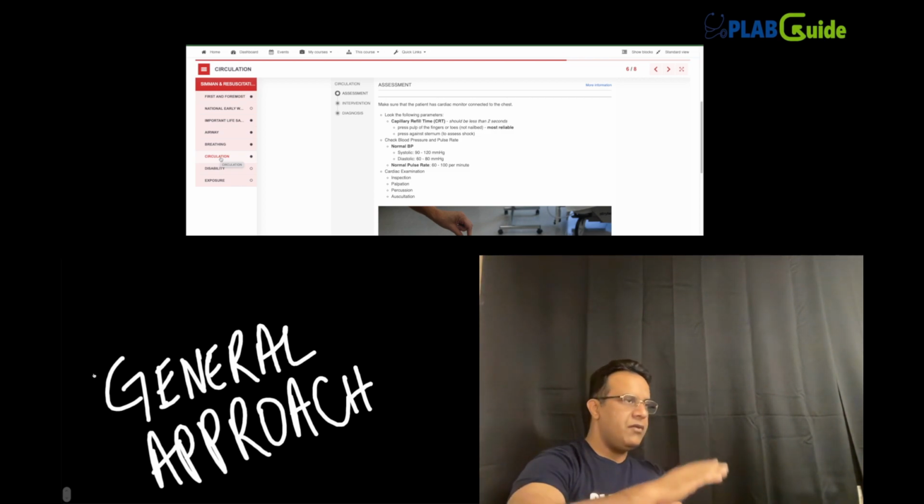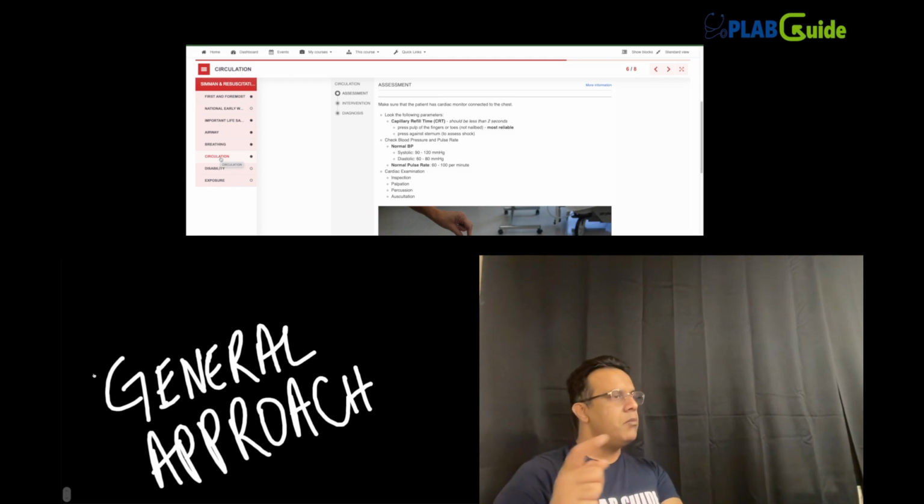Say for example, you found that the patient had maybe pulmonary embolism. You mentioned doing ABG, ECG, echo, or the D-dimer. You mentioned doing chest X-rays as well as a CTPA. Before you move to C, the rule is you come back to A again. Make sure that the patient's airway is not compromised.